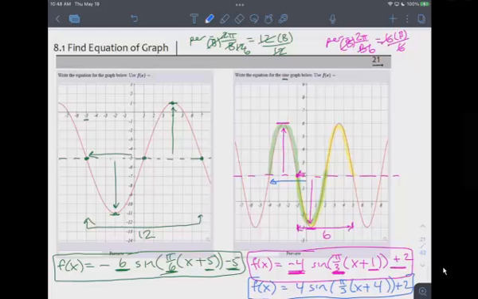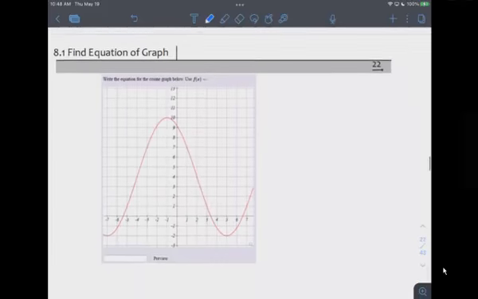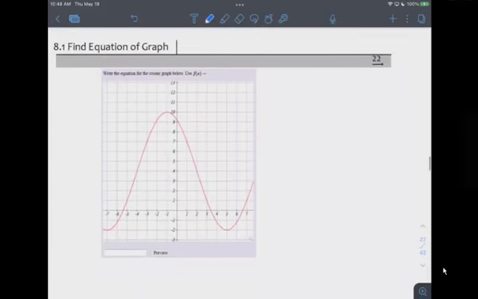All right, let's try one more so you practice both sine and cosine. So try doing the same thing with this equation here using cosine. I've labeled all the pieces that you need to find.